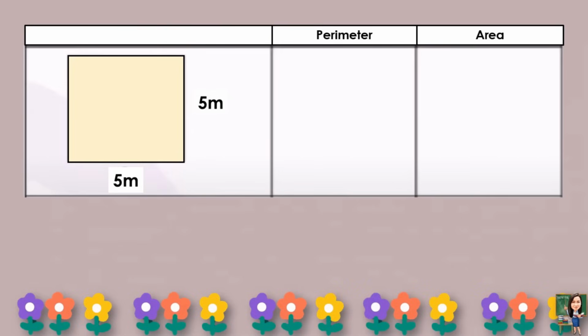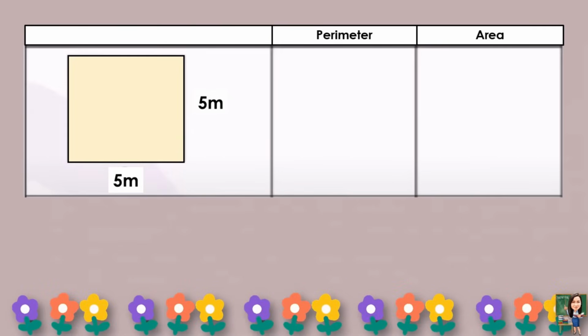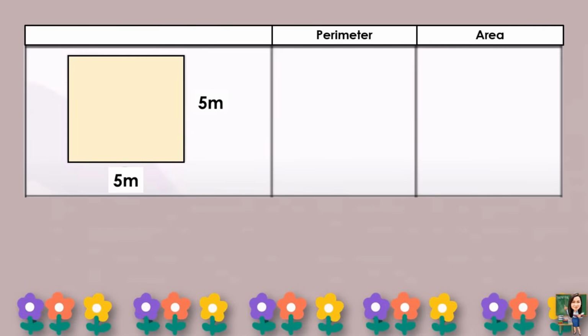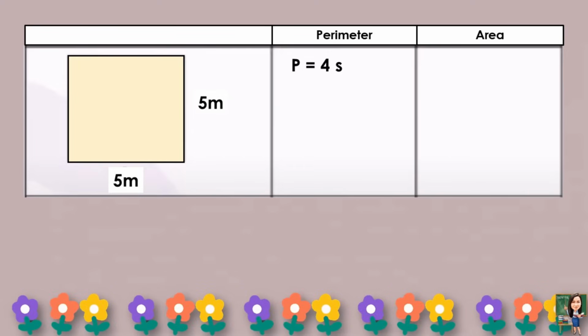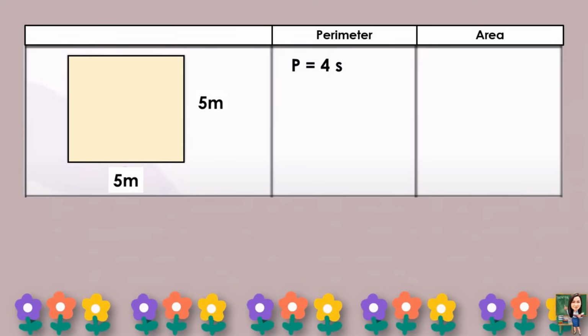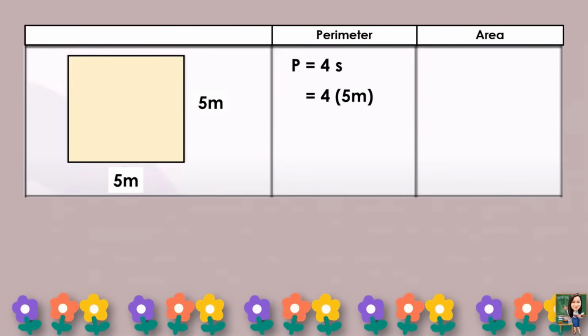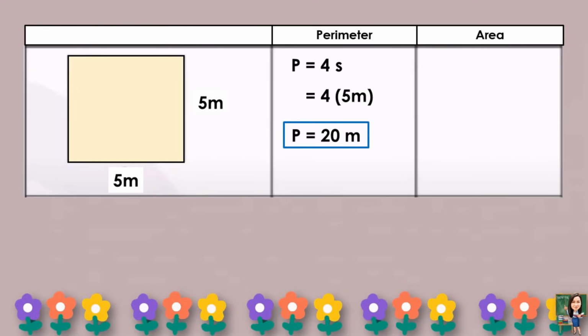Number 2. Squares. The square has the same sides. All the sides of the square are 5 meters. The formula for the perimeter of a square is perimeter equals 4s, or side plus side plus side plus side. Or we can substitute like this: 4 times 5 meters. 4 times 5 equals 20 meters.